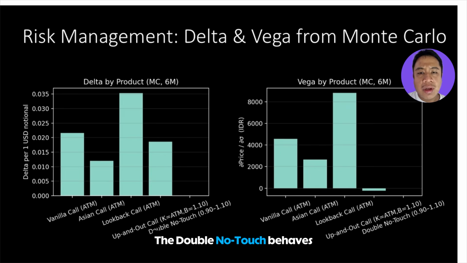The double no touch behaves more like a probability bet. Small delta, but quite sensitive to volatility. These metrics tell us how the book will react if USDIDR moves by 1% or if implied vol shifts by 10%. You can use this to hedge with vanilla options or forwards and to explain to clients where the main risks sit.